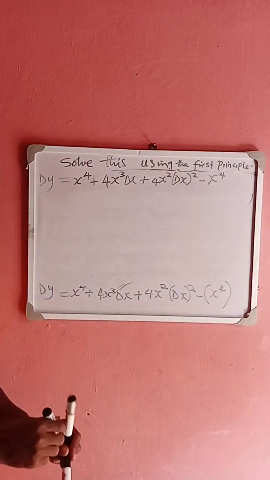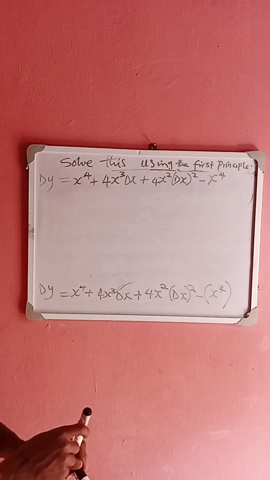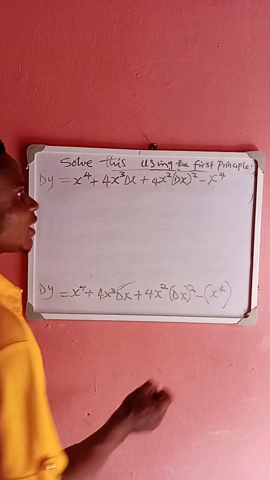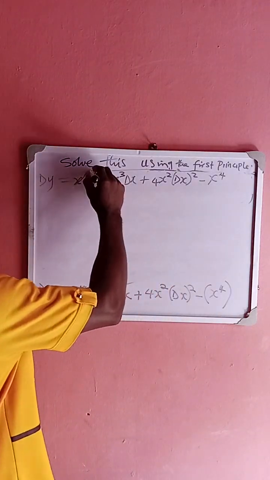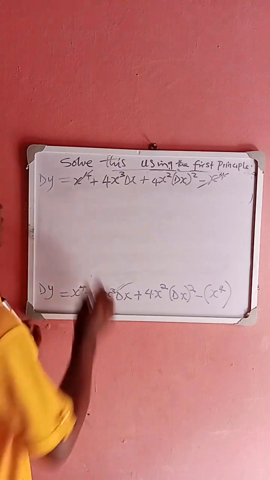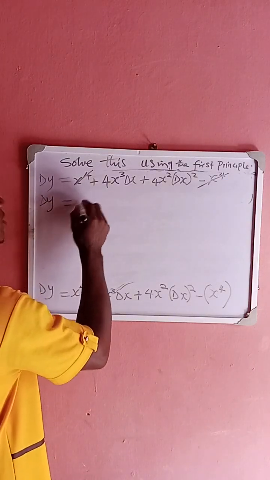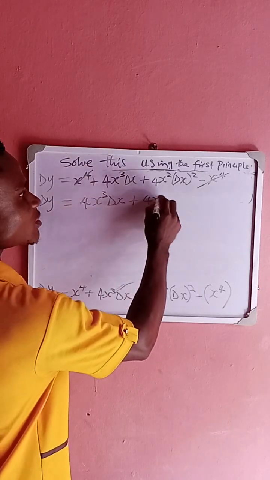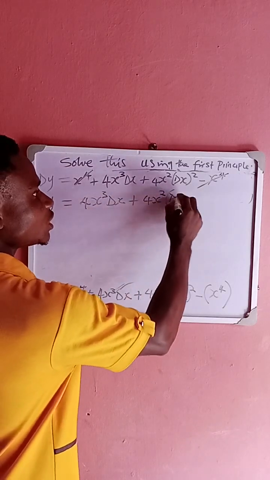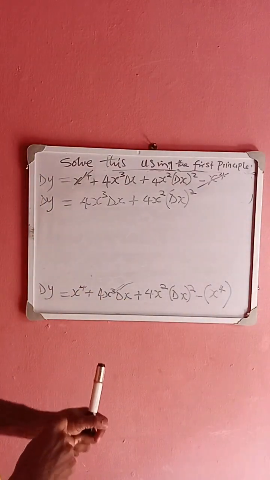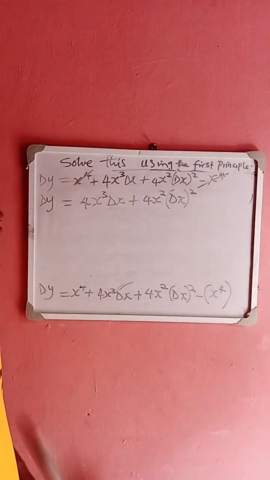We have common terms, like terms that can subtract themselves. So subtracting themselves now, what do we have? We have this and this. Then we cancel out. Since they have cancelled out, we have change in y is equals to 4x raised to the power of 3 change in x plus 4x raised to the power of 2 change in x raised to the power of 2. Now from here, what do we do?